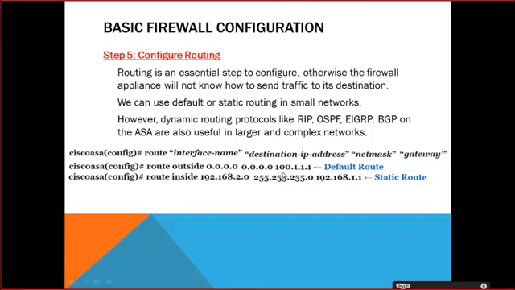This is the ISP's address, on this interface. What is the name of the interface? Outside. Now assume the packet is coming from outside and wants to go to 192.168.2.0, a private network. Then it needs to go to the inside gateway, the private network gateway on the inside interface.